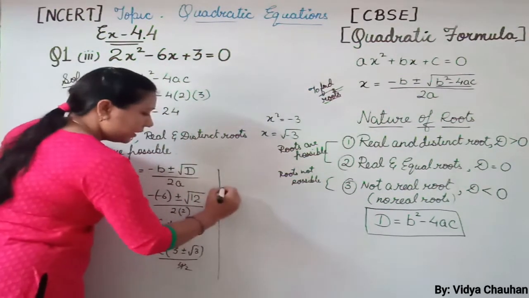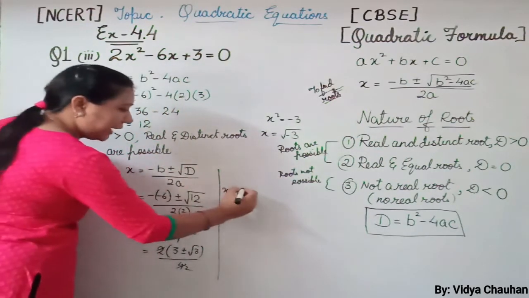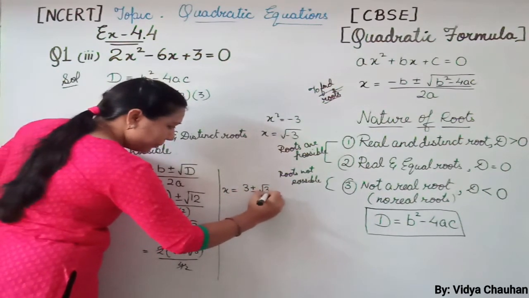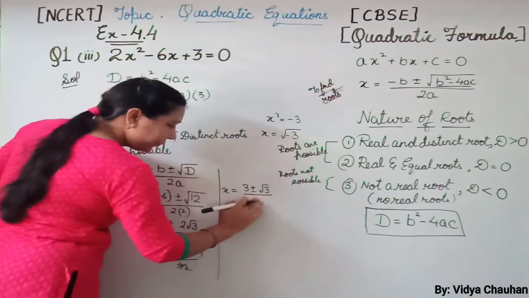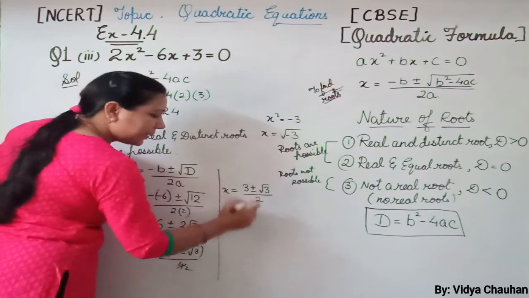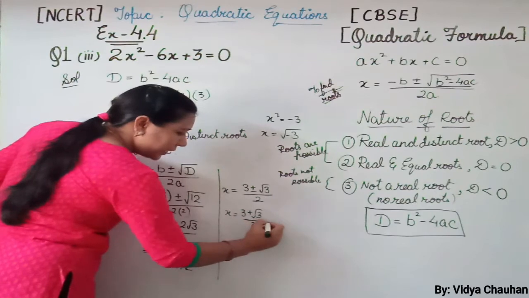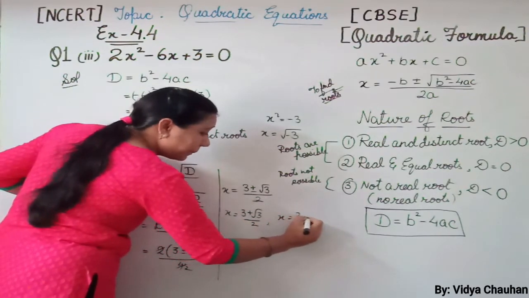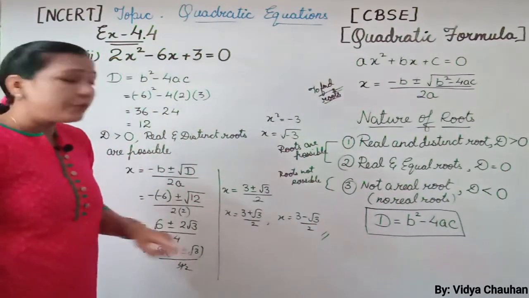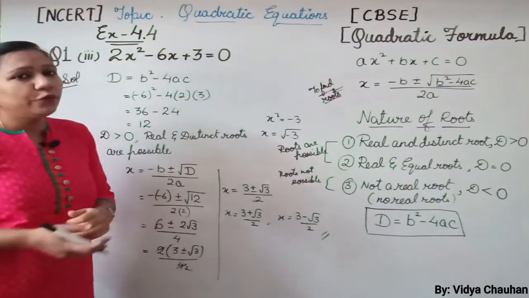So now we are almost done, and the value of x comes out as 3 plus minus root 3 upon 2. Let us separate the two values by plus and minus sign. So x is equal to 3 plus root 3 upon 2 and x is equal to 3 minus root 3 upon 2. These are the two roots for the given equation which we have solved by the quadratic formula.